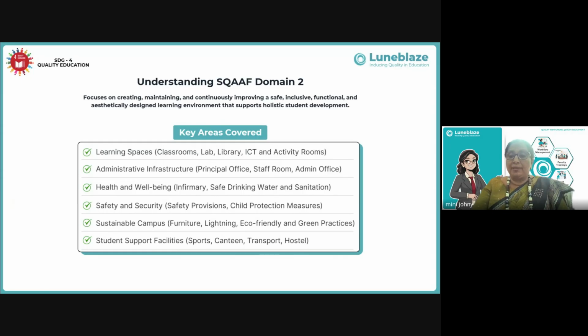Health and well-being: the infirmary working in a school, as per the guidelines given by CBSE, safe drinking water, sanitation, safety and security, safety procedures, safety provisions. What are the safety provisions we are giving?